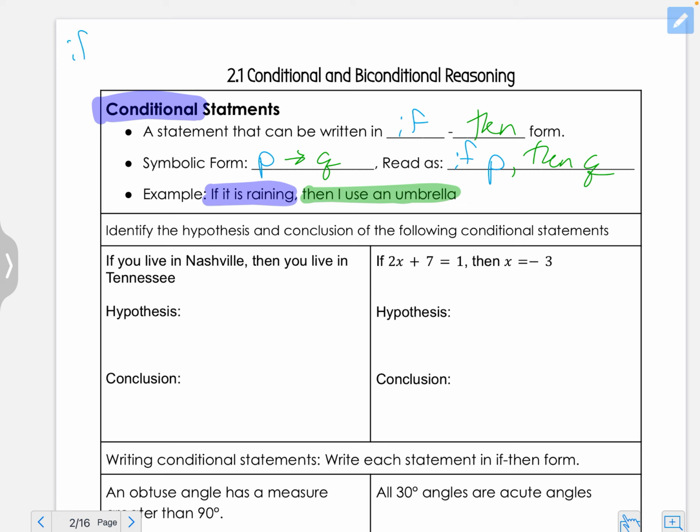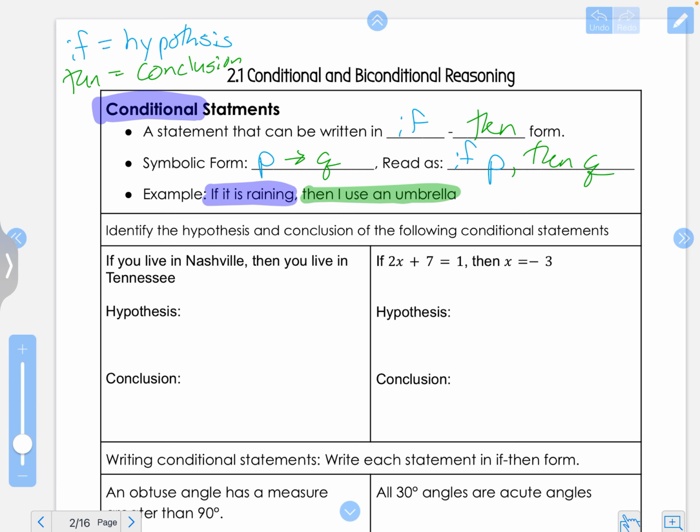So the if is our hypothesis, the thing that we think is true, and the then is our conclusion, the thing that we know because our hypothesis has happened.